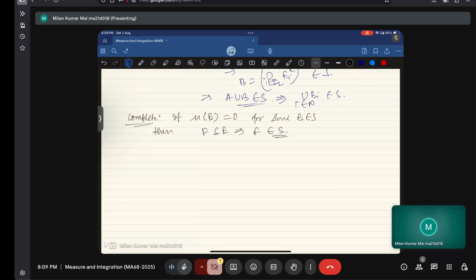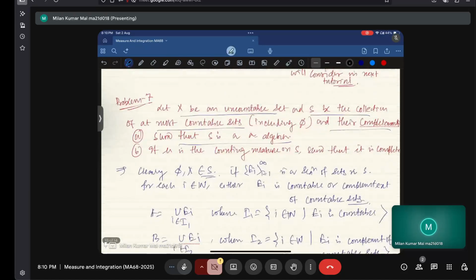So if mu is the counting measure, then it is complete.